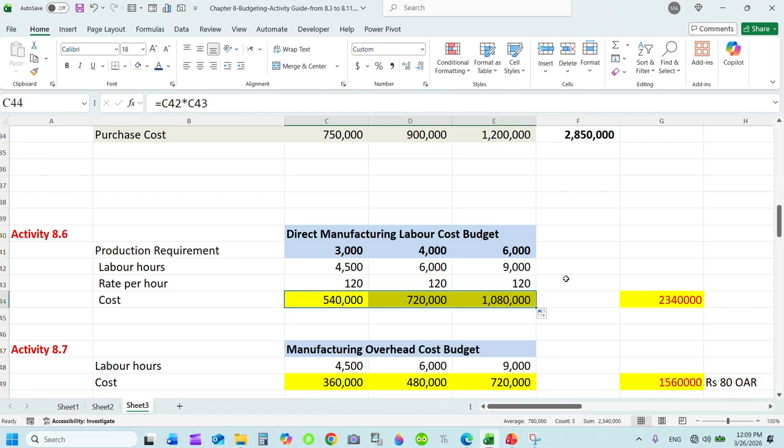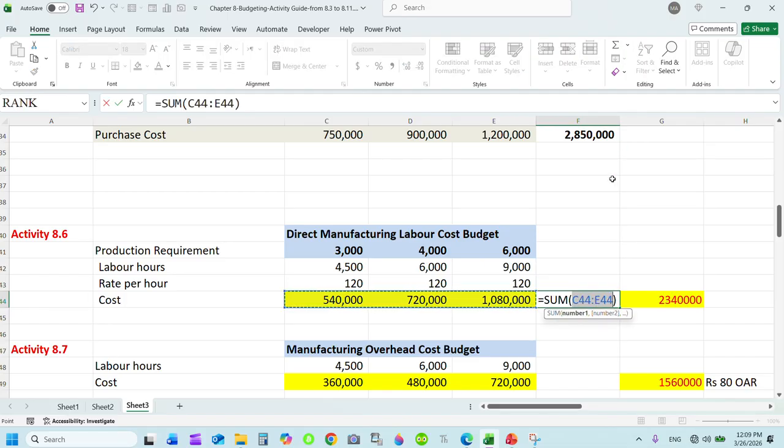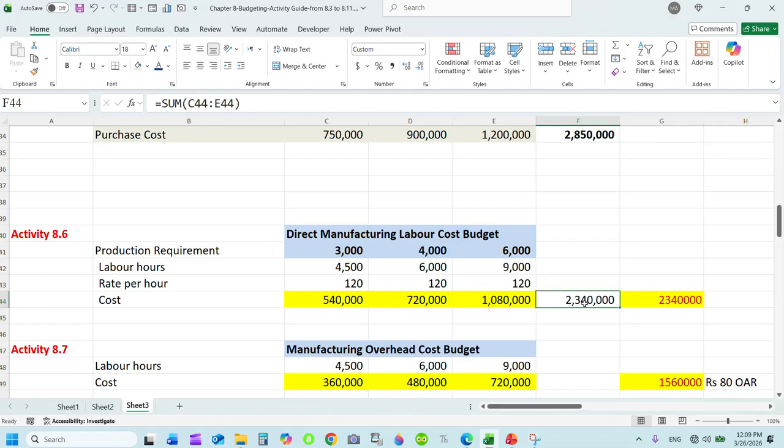Now this is your labor cost budget, right? So total labor cost accordingly is this much. You can see production requirement, labor hour requirement, rate per hour, direct labor cost budget.